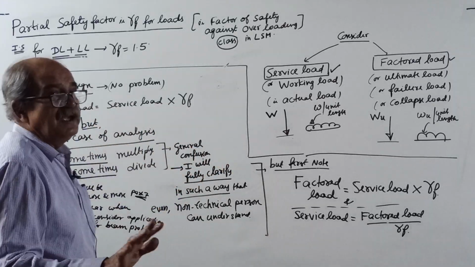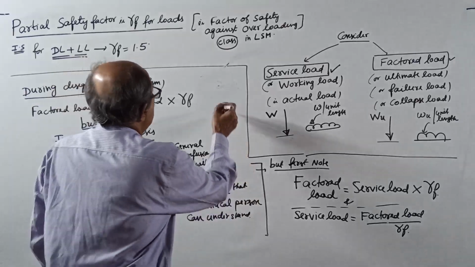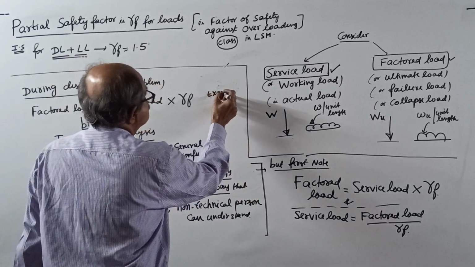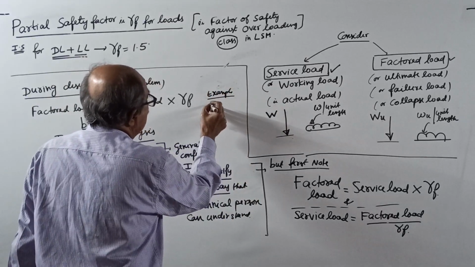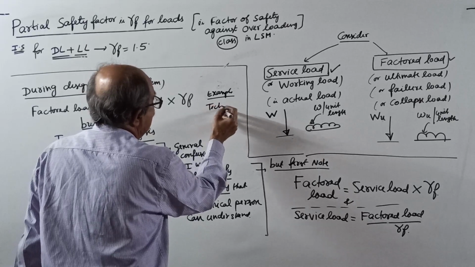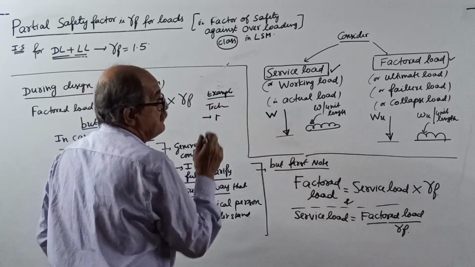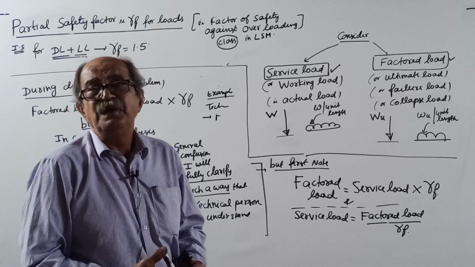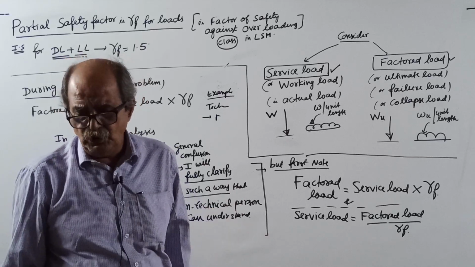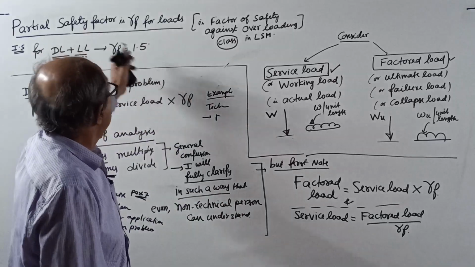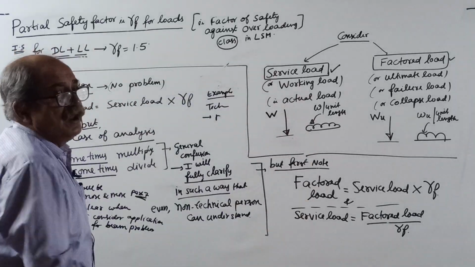I will make everything clear now with examples. First a real technical example, then some practical examples so that you understand correctly. Make a note of everything. This much you should know before I go to the next part.